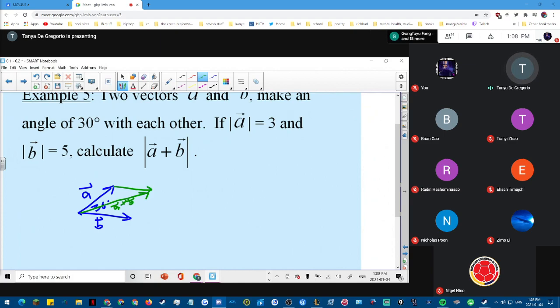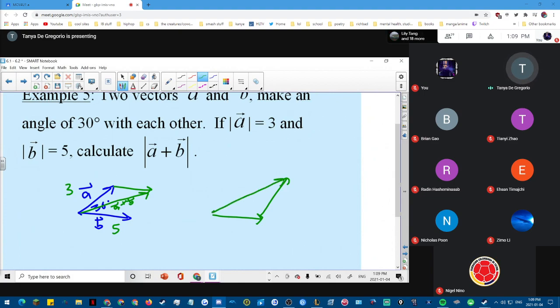So what are you guys thinking? Do you see something here? Does anything jump out at you? C pattern. Yeah, good. So what you should see is, well, I need to solve A plus B. I know that the length here of B is 5, and I know that the length here is 3. However, that angle 30 isn't doing anything for me. So instead, I want to use this triangle.